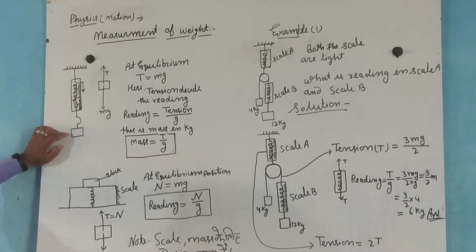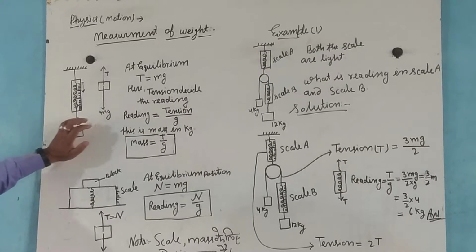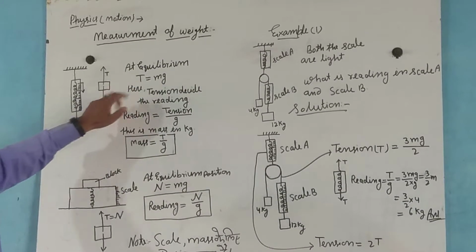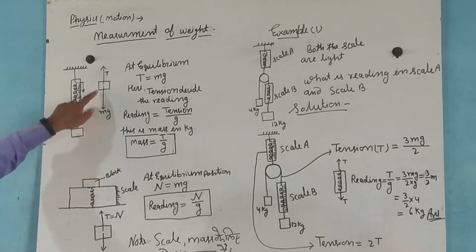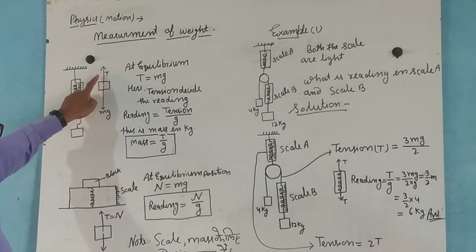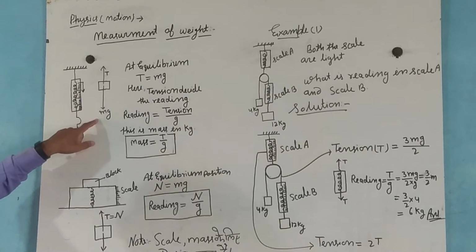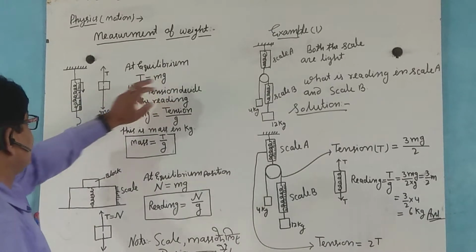Now at the equilibrium position, the block has tension T in this string and weight mg acting downward.